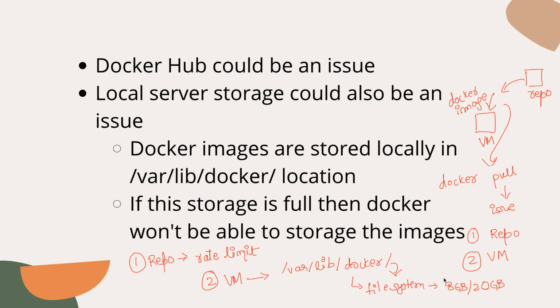The second one is basically on our VM, and the storage of the VM is not available, meaning we are reaching the threshold of our storage. As we know, all the Docker images are stored in /var/lib/docker location, and this space is full, because of which we are unable to download further images on this virtual machine. This is how you can answer this particular question in the interview.